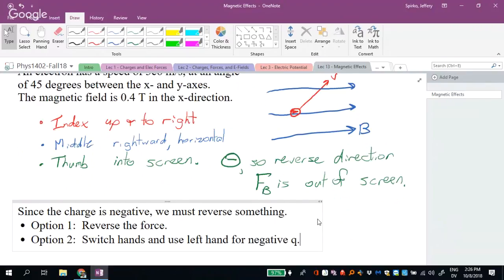And I don't know, every time you move your hand out of the right-hand rule configuration and put it back, are you sure you got it exactly where it was before? I think that's a disadvantage for right-handed people in physics. So that's my explanation as to why left-handers do better in physics. So you could use your left hand for electrons, for negative Qs. My preference is just to reverse the force.